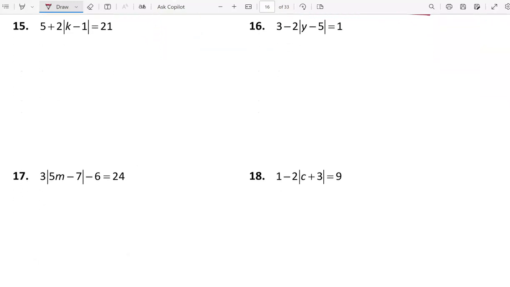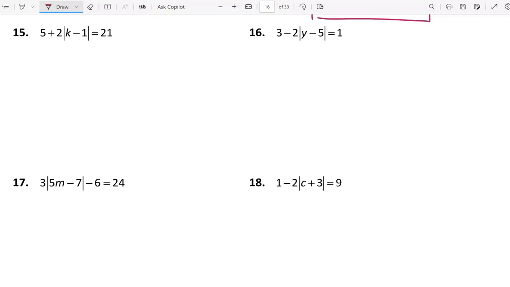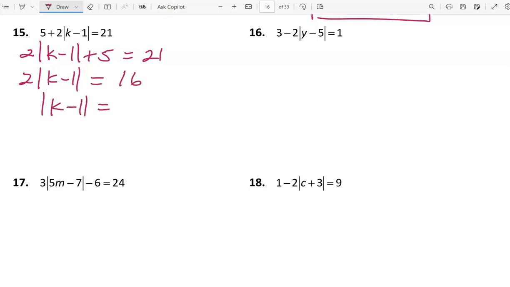All right, number 15. If you wish, you may rearrange this so we have 2 times the absolute value plus 5 is equal to 21. That's a little bit easier to look at. Subtract the 5 first. Divide by 2. Now that the absolute value is by itself on one side, think about the absolute value of what is equal to 8.